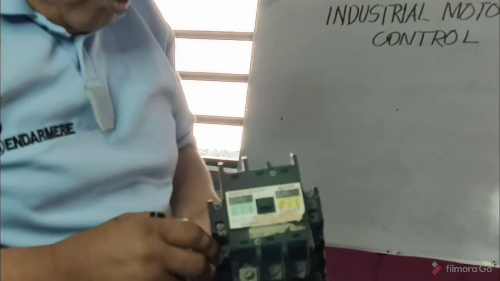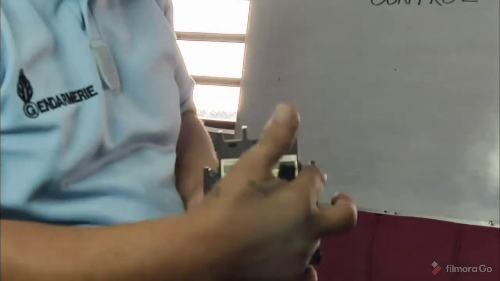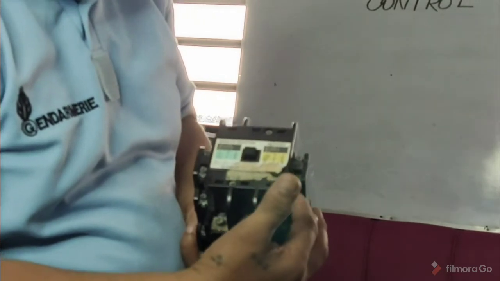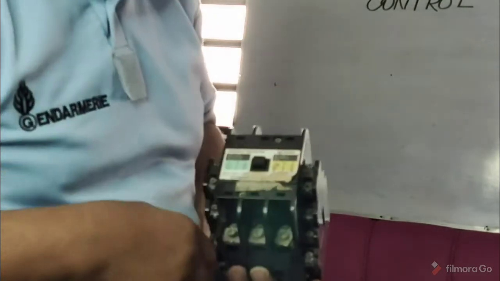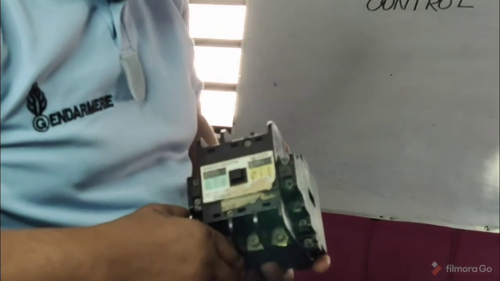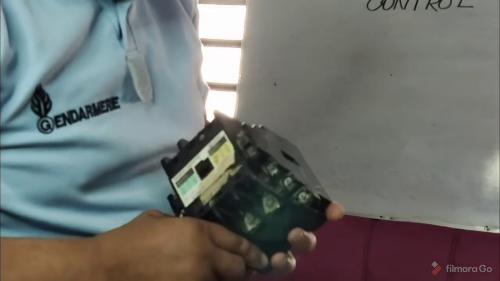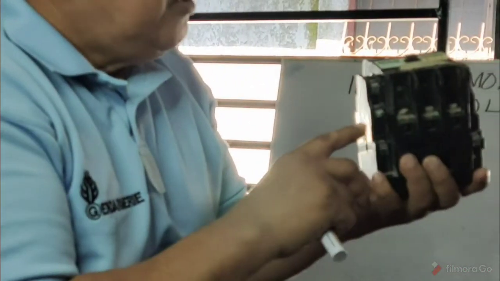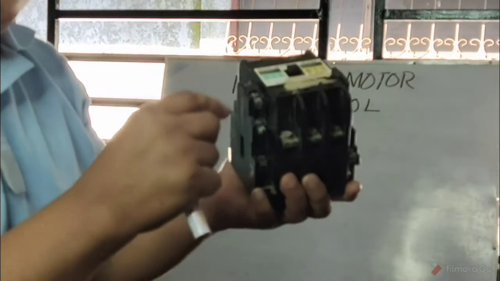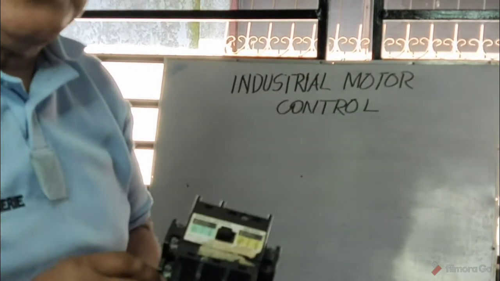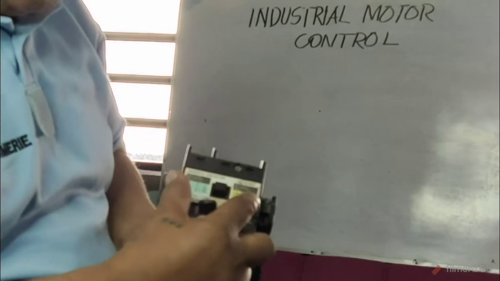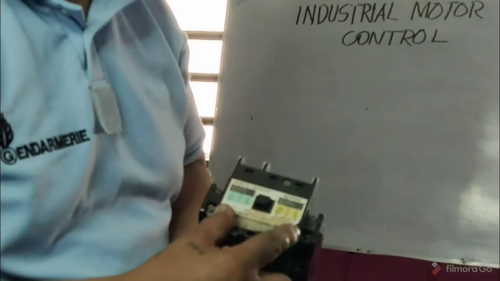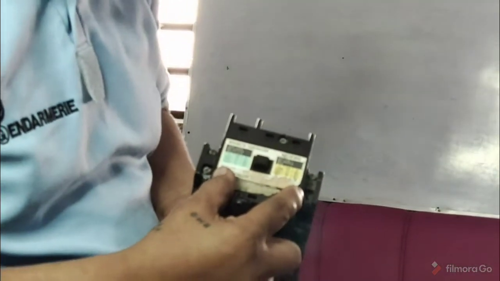If we have normally open here, we have also normally open here. If we have normally closed here, we have also normally closed here. So opposite. Then this type of contactor, you will have 2 normally closed and 2 normally open auxiliary contacts. You have 3 main contacts that are normally open.